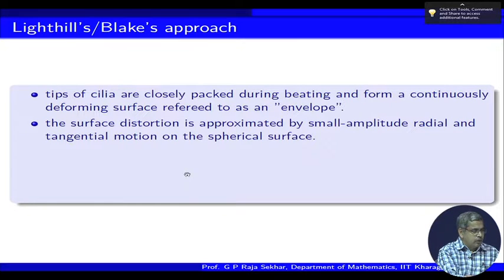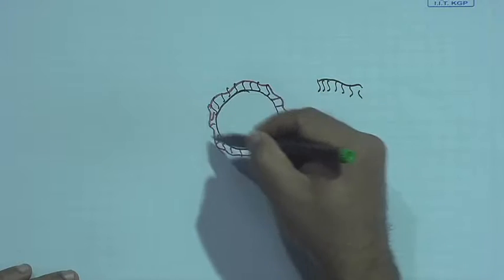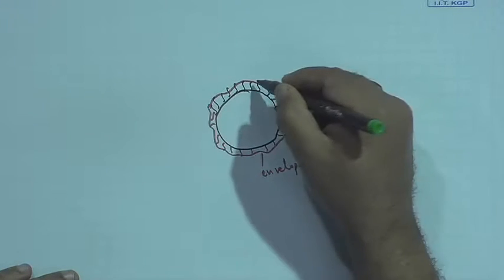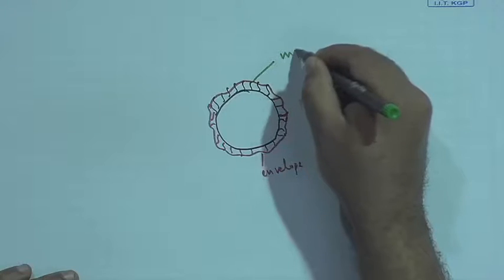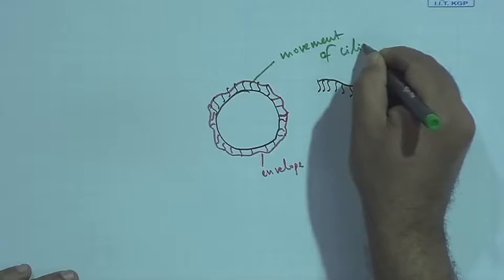Okay. So, already we have mentioned tips of cilia are closely packed during beating and form a continuously deforming surface referred to as the envelope. Surface distortion is approximated by small amplitude radial and tangential motion on the spherical surface. Okay. What we mean is the entire activity is by virtue of movement of this cilia, which means on this envelope model somehow we have to simulate the movement of cilia.